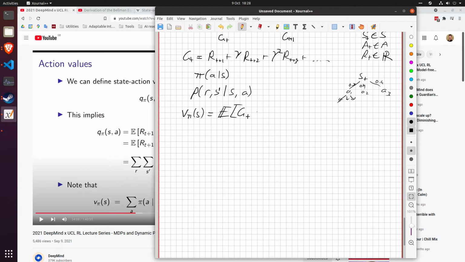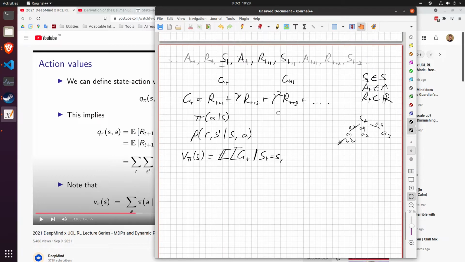And important here is we write this such that it's conditioned on the state at time t being equal to the little s here. So we can plug in whatever state we want into this. And because we're considering the whole future as well, and we need to know all the actions that take place, it's also dependent on that policy, right?